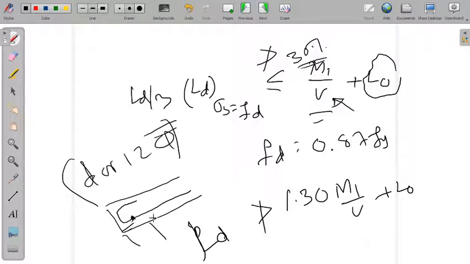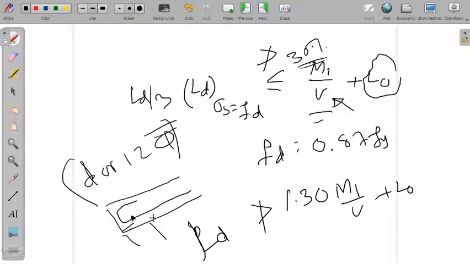Now what to do in case of negative moment reinforcement? In case of negative moment reinforcement, that is for a continuous beam, at least one third of the total reinforcement provided for negative moment at the support shall extend beyond the point of inflection for a distance not less than the effective depth of the member or 12 phi or 1/16th of the clear span, whichever is greater.